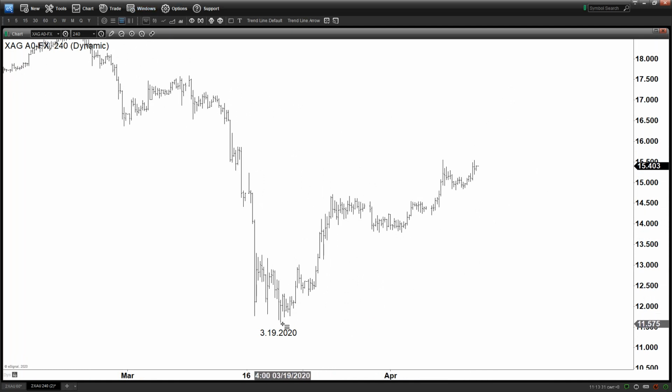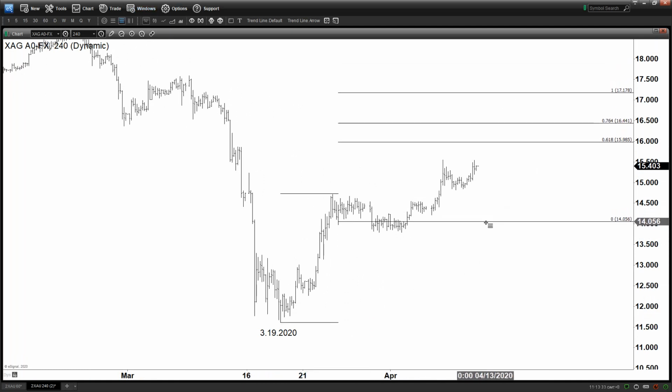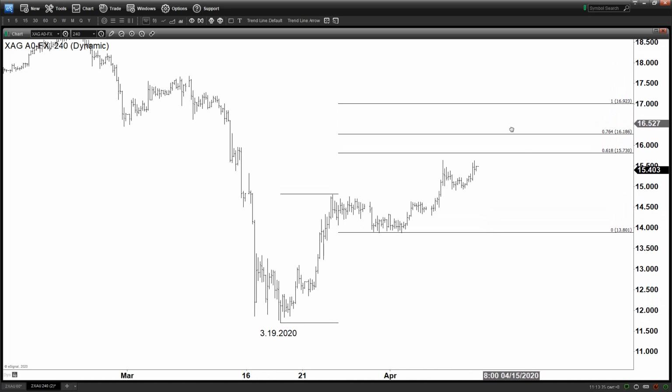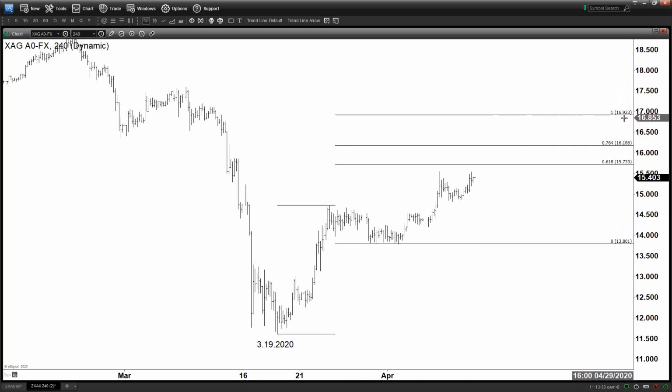So this is your A, and this is your B. Now you can see that it has not reached the target here at the 100%, 161.8. So there is an argument to be made that silver can extend higher.